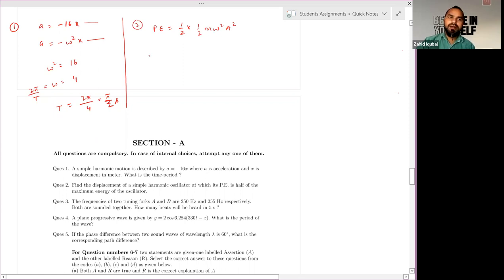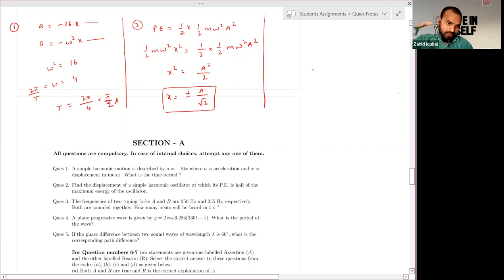Potential energy is half m omega squared x squared. So it becomes half times half m omega squared a squared. Half m omega squared cancels from either side, leaving x squared equals a squared by 2. Taking the root, x will be plus minus a by root 2. It means at this displacement, potential energy will be half of its maximum or total energy.